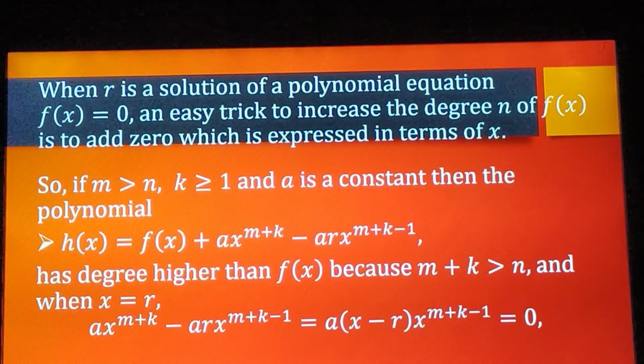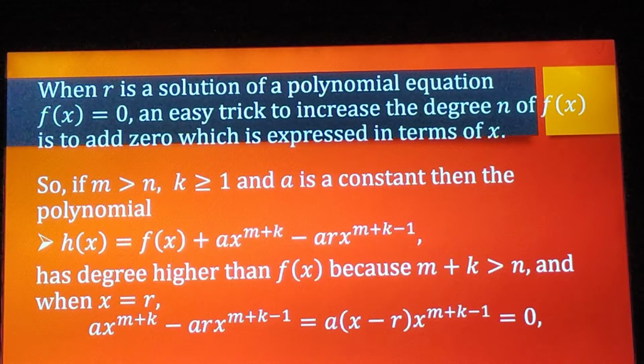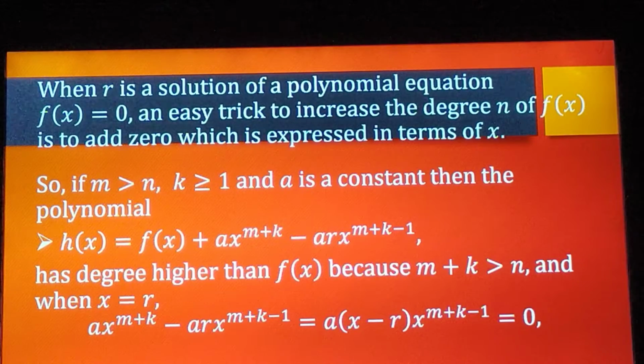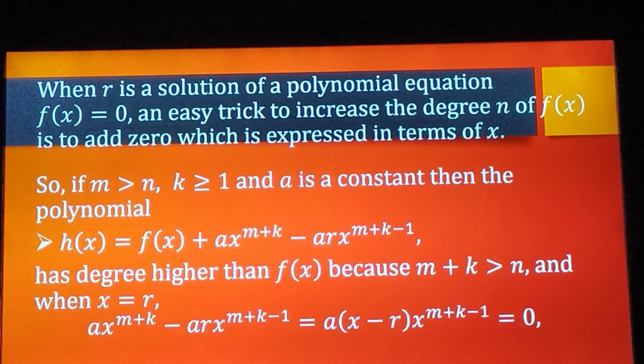When r is a solution of a polynomial equation, f of x equals 0, an easy trick to increase the degree n of f of x is to add 0, which is expressed in terms of x.